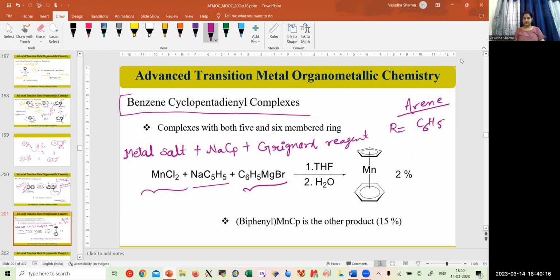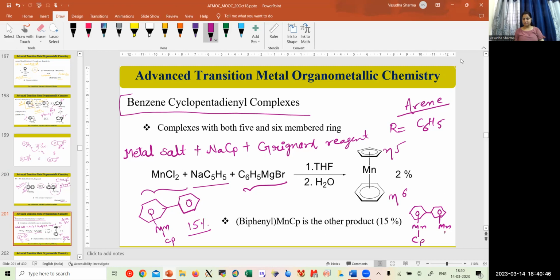In presence of solvent THF and water for the workup, we get an eta5 CP and eta6 arene complex with 2% yield. The other side products would be, it could form a biphenyl, and manganese is coordinating with this, and this becomes, I guess, 15% or something. And another product that we have from here is biphenyl connecting with 2 Mn, and here CP and CP.